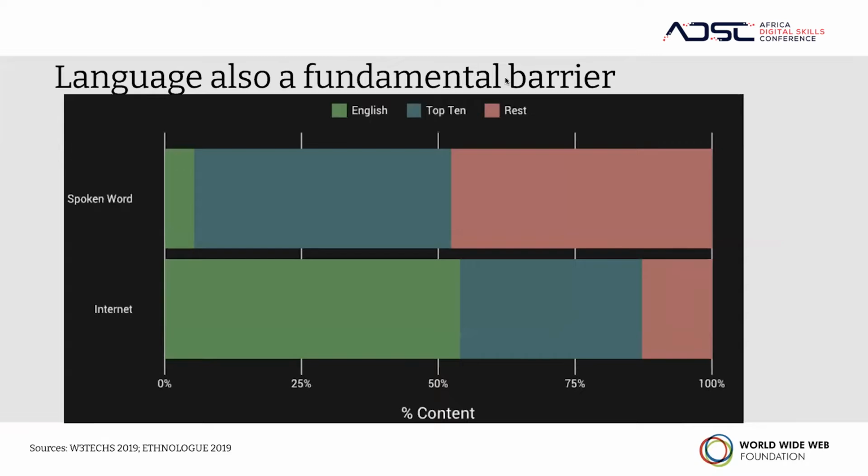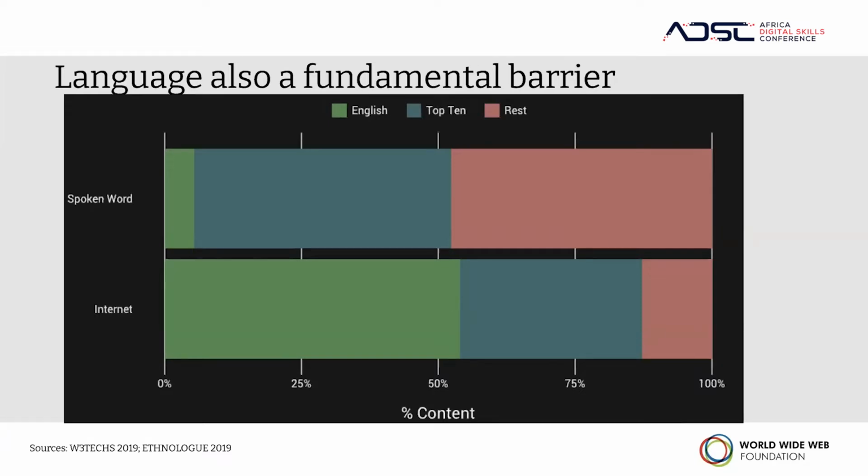In doing this, we also found major fundamental barriers in the language that we use online. You see from this chart that English is a very small portion of the primary languages spoken around the world, but on the internet it's over 50%.